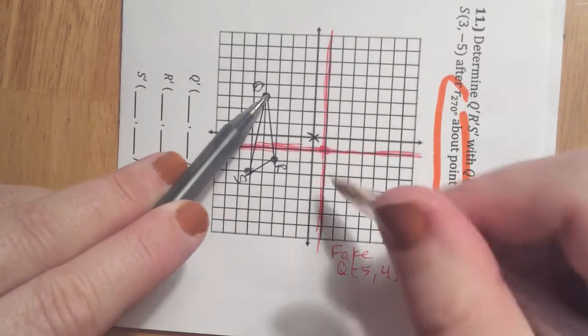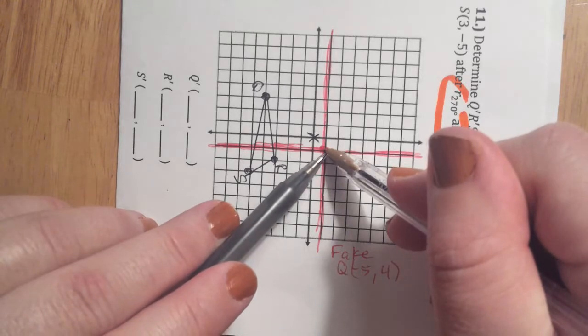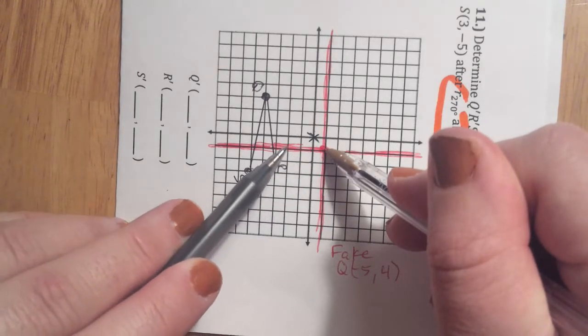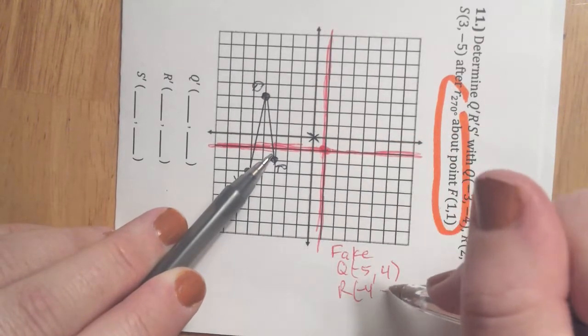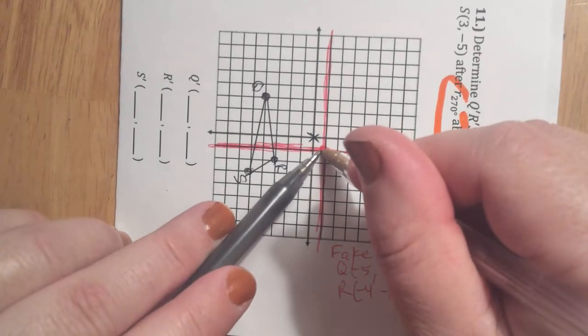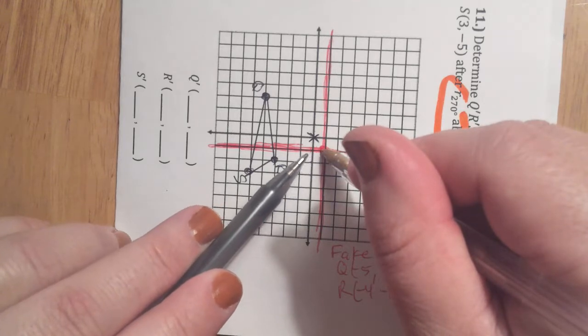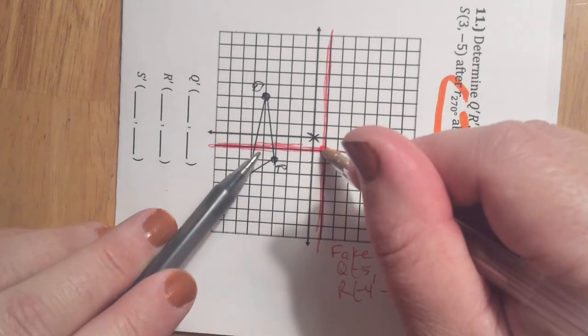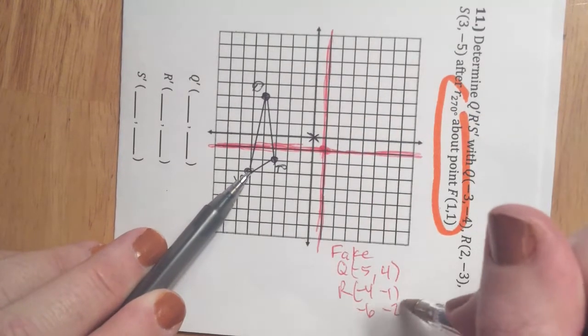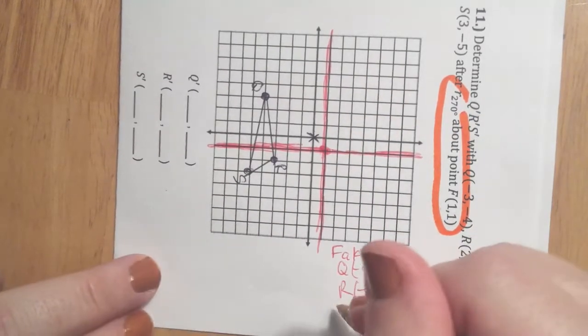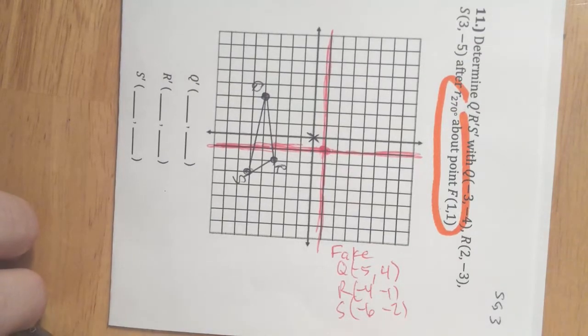So that's where the fake Q is located. Your fake R is at negative 1, 2, 3, 4, negative 1. Okay, your S is at negative 1, 2, 3, 4, 5, 6, negative 1, 2. All right, so that's where the fake coordinates are.